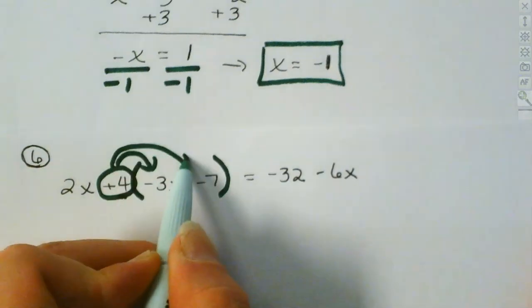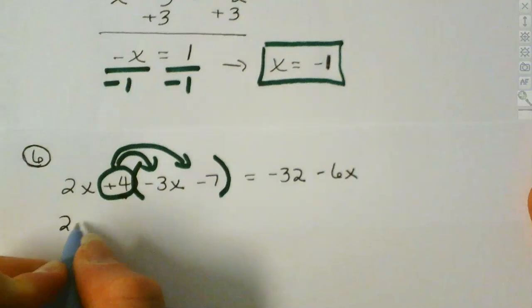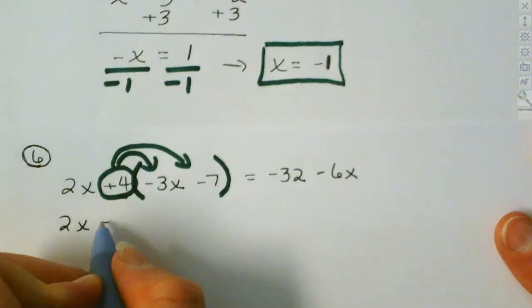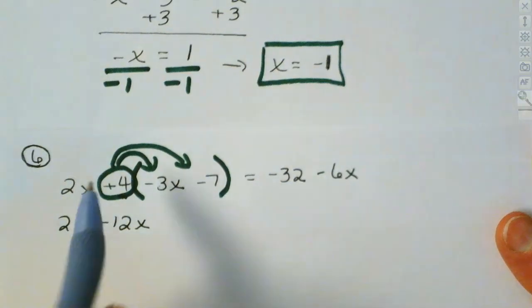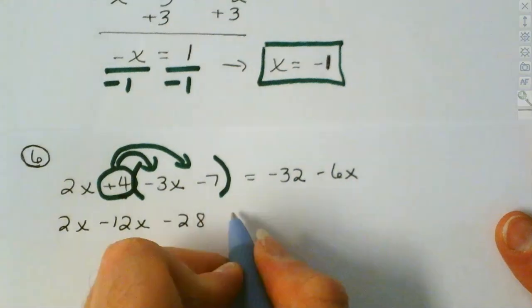And now we distribute through. That leaves us with 2x, and then we've got 4 times a negative 3. That's a minus 12x. 4 times a negative 7, well, that's a minus 28.